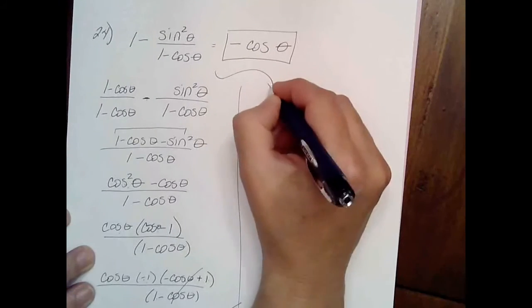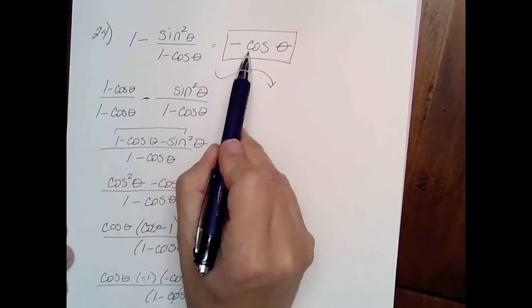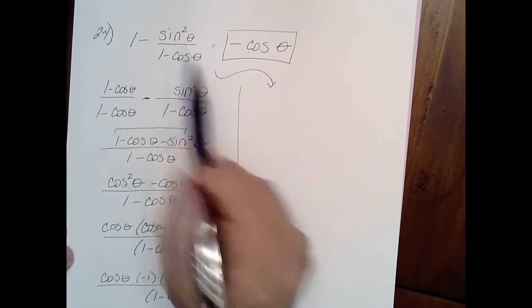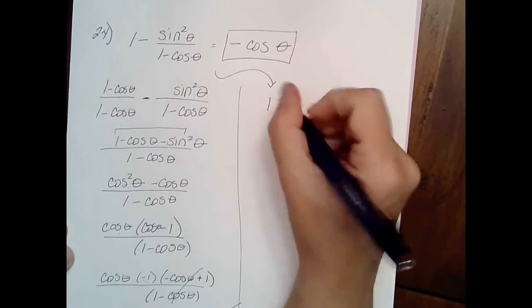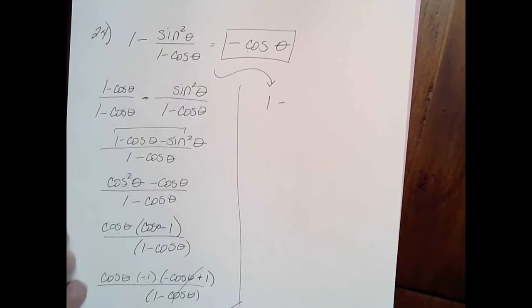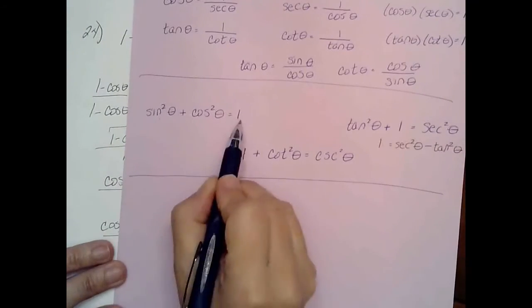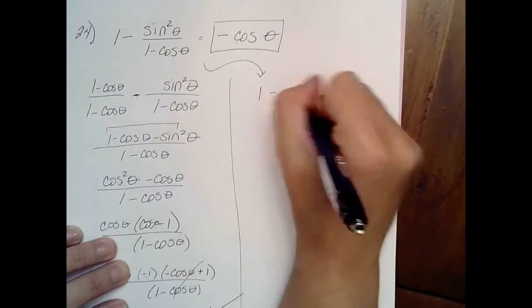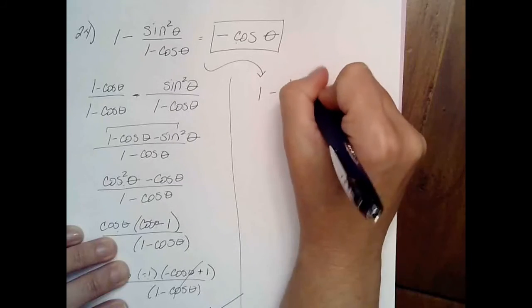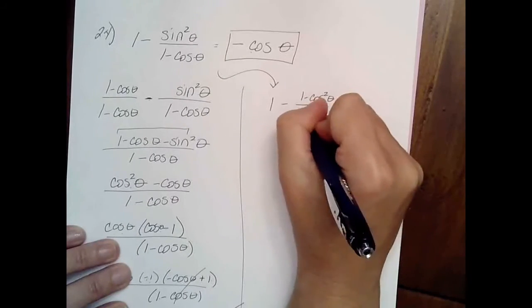Cosine. I'm going to make that guy cosine too. Ready? Here it comes. Sine squared theta. Okay. Here's my sine squared theta. 1 minus cosine squared theta. That's my new numerator. 1 minus cosine squared theta and 1 minus cosine theta, and that's all equal to this over here.